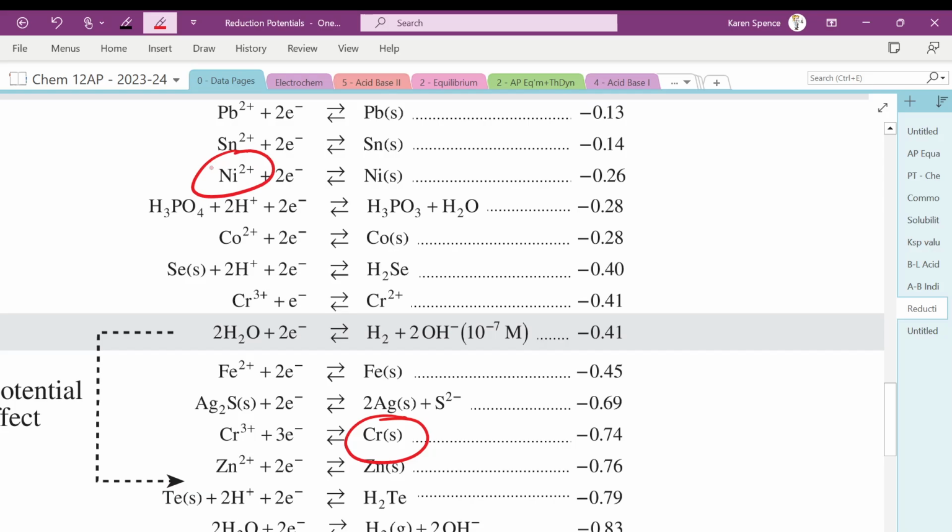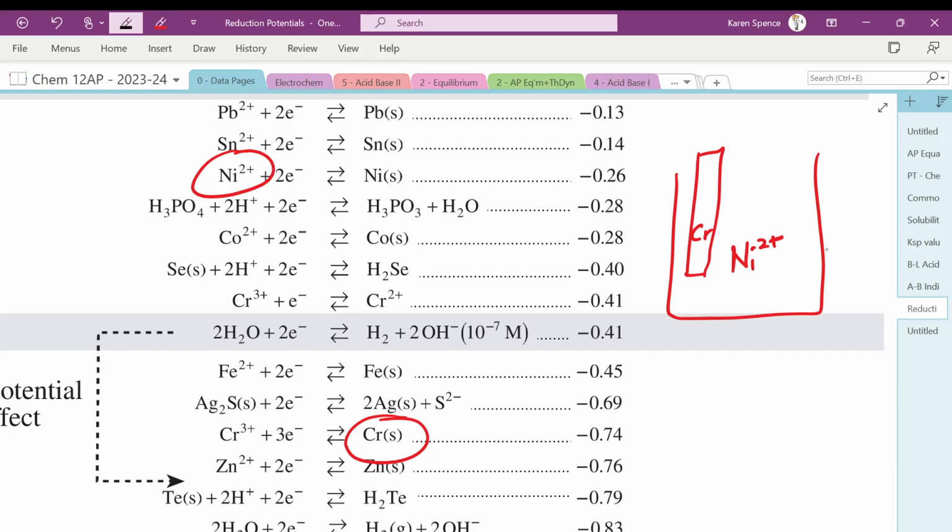So we're going to get a spontaneous reaction that way. So if you have 1 beaker with nickel ions in it, and you have a chromium electrode, and a nickel electrode, and let's say we also have some chromium ions in here.